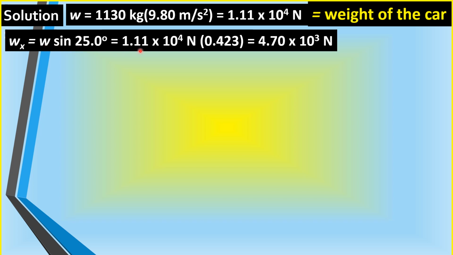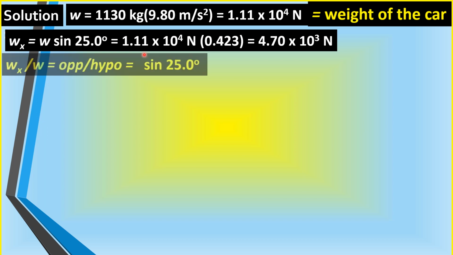Now, if you remember earlier, it was explained together with the illustration that Wx happens to be the opposite side in that imaginary triangle formed by the weight W, the Wx, and Wy.